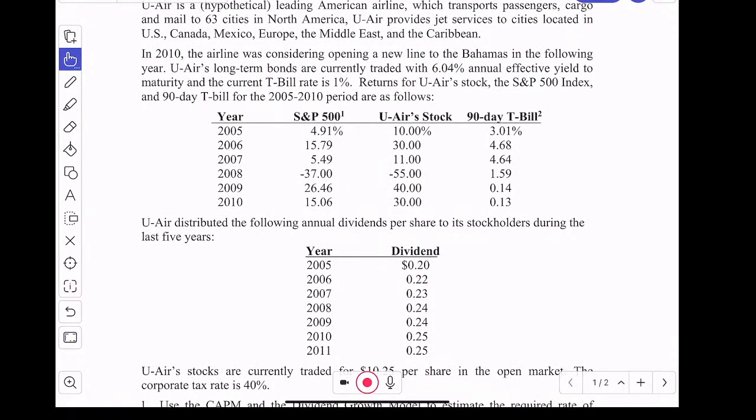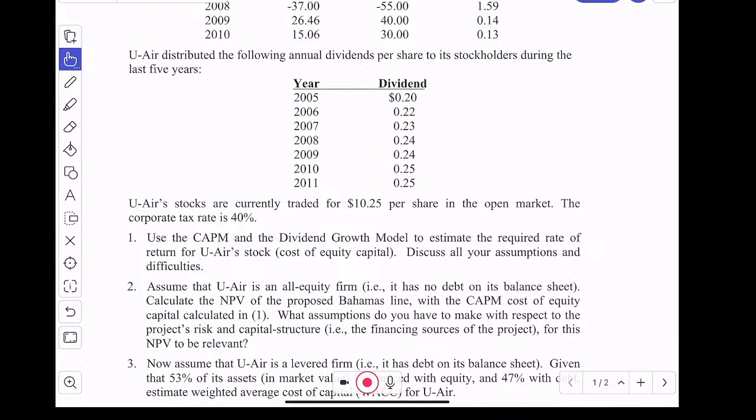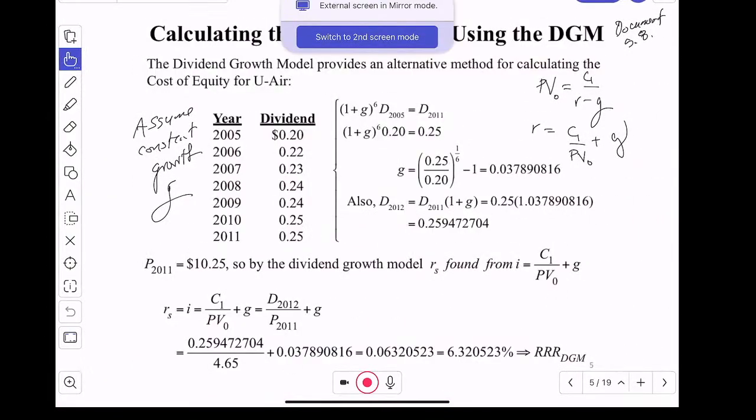We're trying to figure out in 2010, with all that information, they're looking at opening the new line. So this is just the information from there.